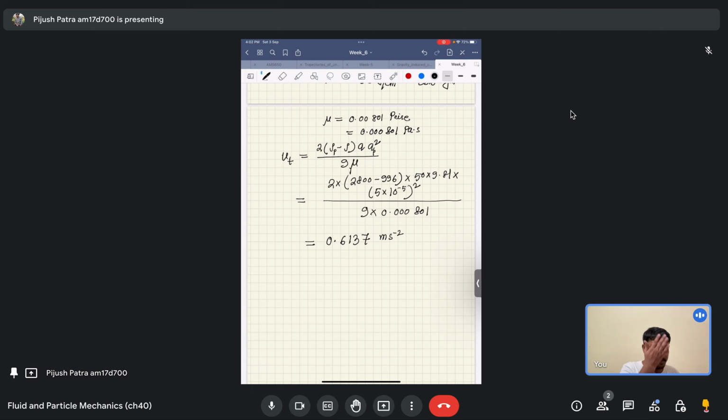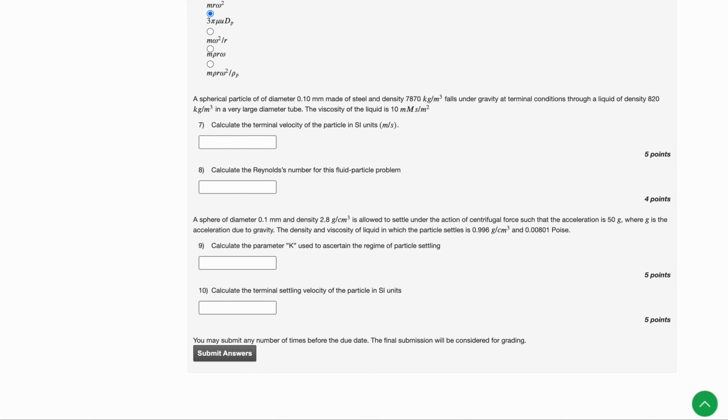This is the answer, 0.6137 if I am not mistaken. Calculate the terminal settling velocity of the particle in SI unit. So you have to check whether I have done it wrong or right, but this is how I think it will be.